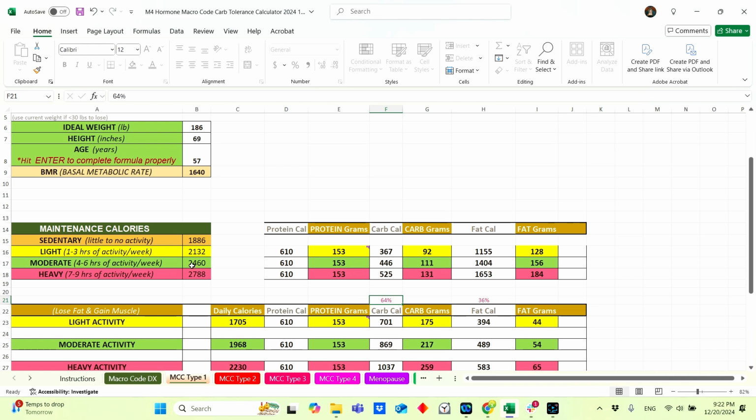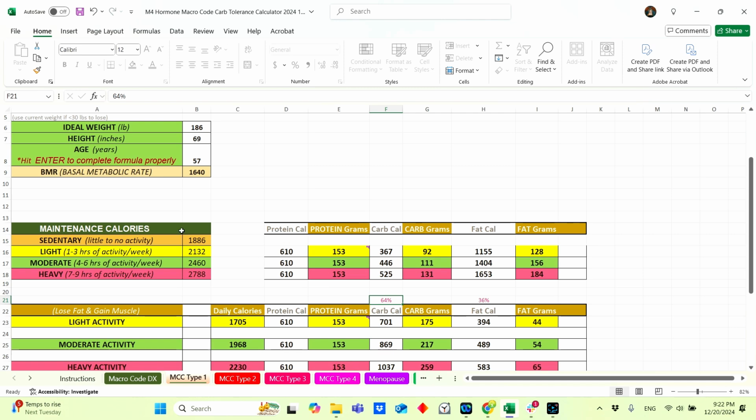You would take that 2,460 minus 610 and multiply it by 0.36 in order to get the fat calories of 1,404. Fat is 9 calories per gram. So you're going to divide the 1,404 by 9, and that equals 156 grams. The calculator does all the work.